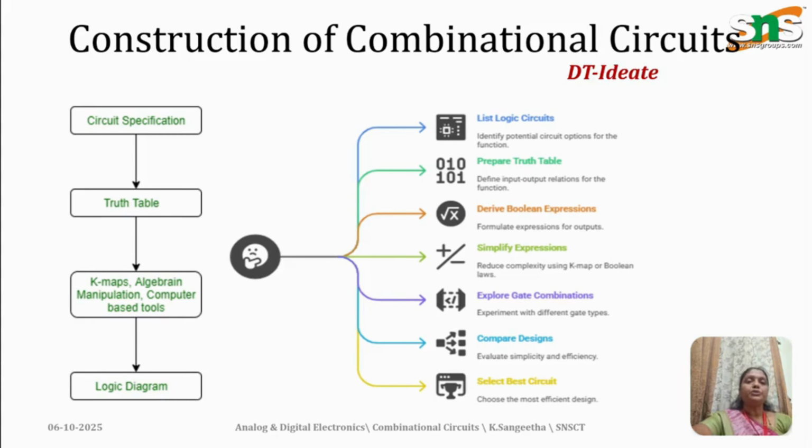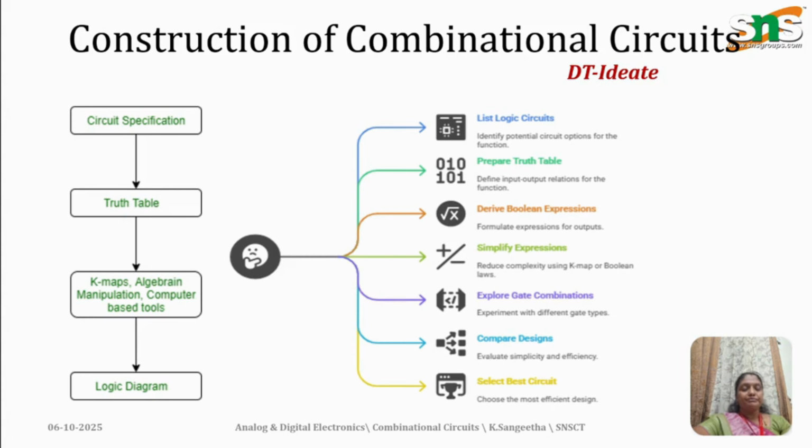So next is the construction of a combinational circuit. We use some steps to construct a combinational circuit. The first step is to define the inputs and outputs. By analyzing the circuit specification, we can define the inputs and outputs. After that, we list out the truth table.